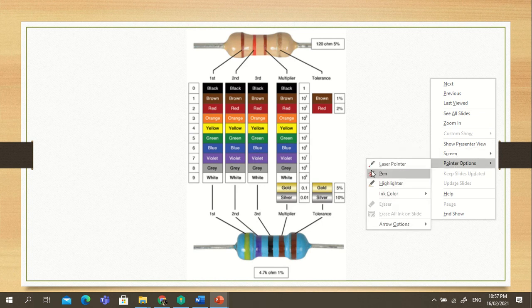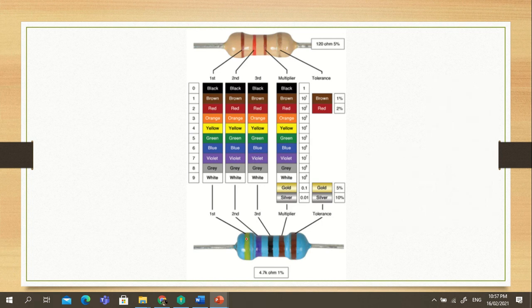I will write it down. The first color here is yellow. Yellow means 4, right? The second color is violet. Violet means 7. And then the next color is black. What is black? Black is 0. Because this is a 5-band resistor, you just write 0.